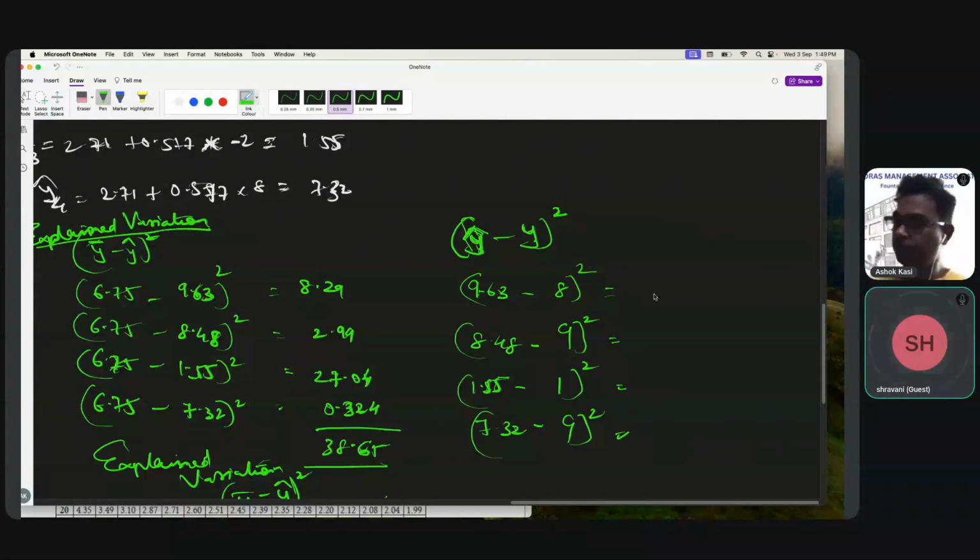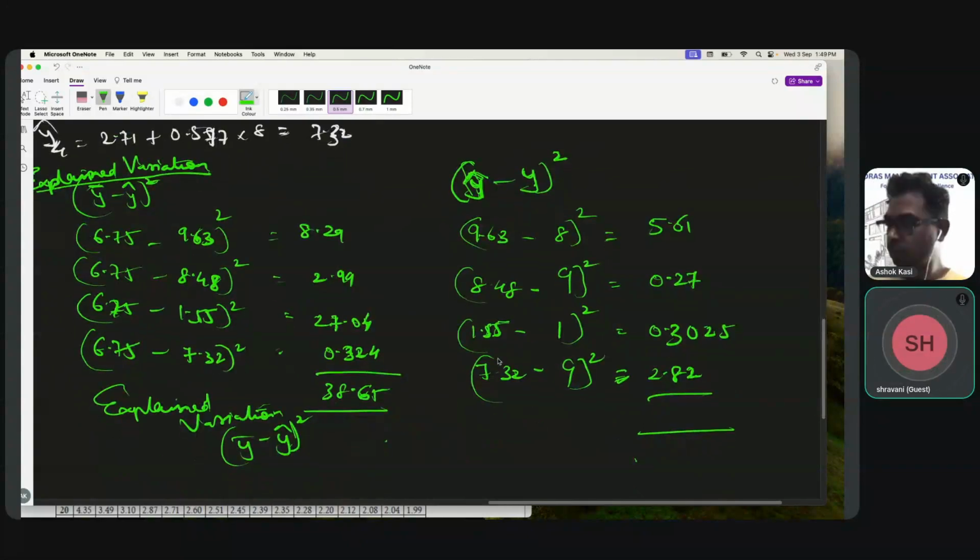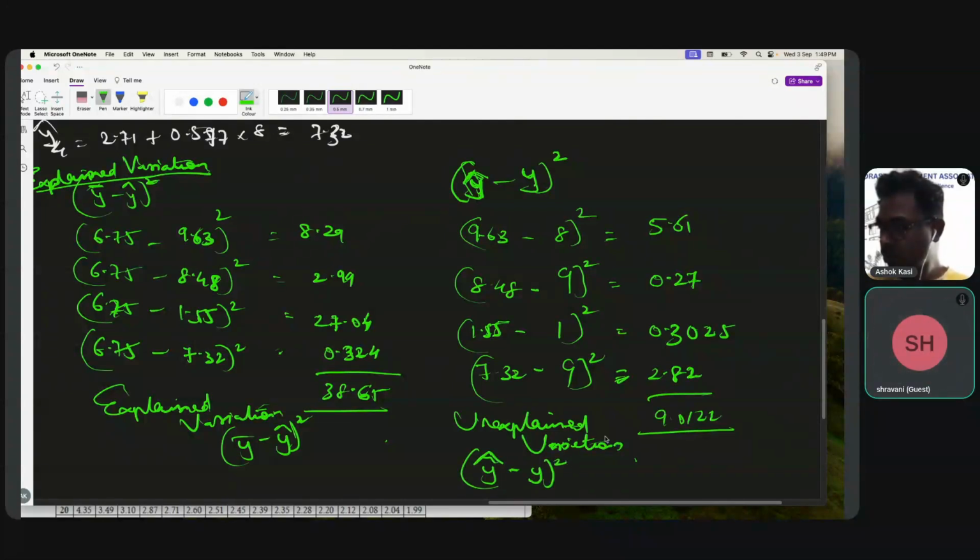First one 5.61. 0.27. 0.3025. 2.82. This is unexplained variation. 9.0122. Okay.